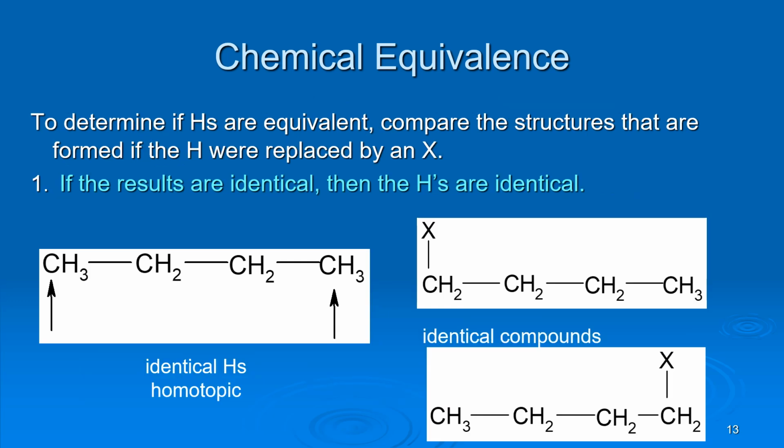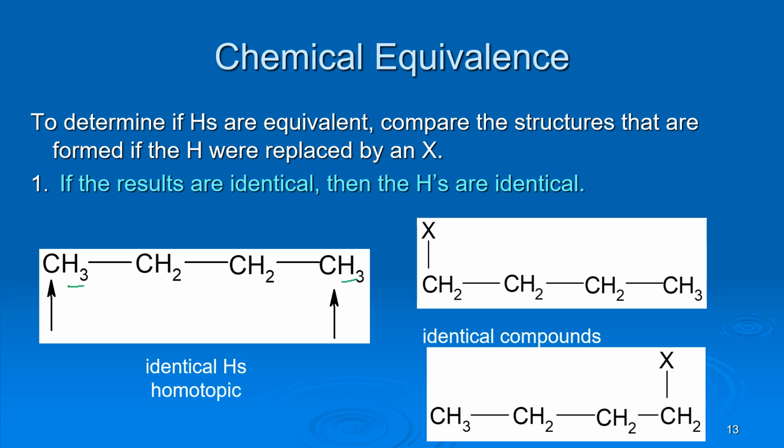Now, how can you tell if you're looking at 2 different hydrogens? You want to know, are they identical, or are they going to give rise to the same peak or not? One thing you can do is replace the 2 hydrogen in question with an X, and then compare the compounds to see if they're identical or if they're isomers of each other. Here, I want to know, are these hydrogen and these hydrogen the same, or are they different?